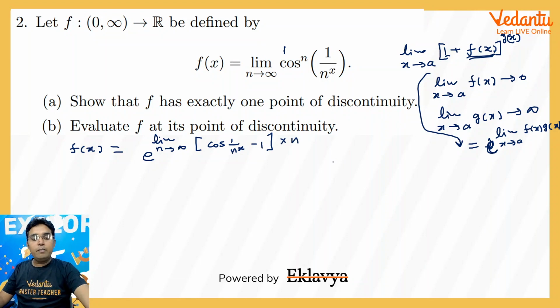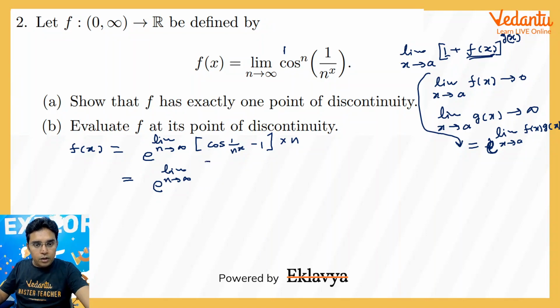This power will be multiplied here. Now to find this limit, I will write this as e raised to the power limit n approaches infinity.